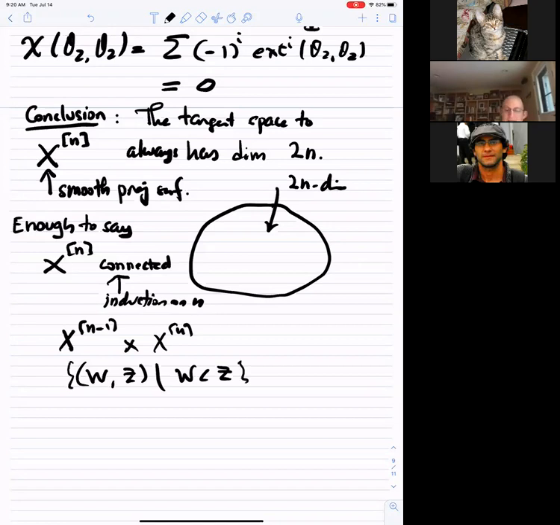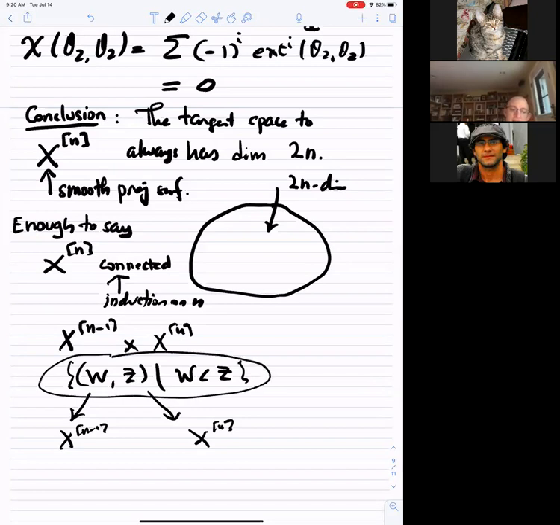On the one hand, this maps to X^[n-1]. On the other hand, it maps to X^[n], right? And the key point here is that if I know that this is connected, then it follows that this is connected, right? By induction, I know that this guy is connected, and then it's a matter of understanding the fibers and showing that the fibers are connected, which is not a hard thing to do, okay? So you do induction on n to show that this X^[n] is connected.